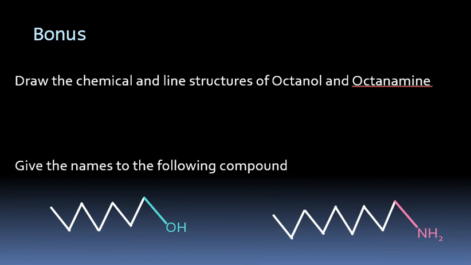And for the last part of the bonus, tell me the names of these two molecules. One of them is going to be an alcohol, so the ending will be OL, and then the bottom right is an amine substituted molecule, so the name will have the suffix amine at the end of it.